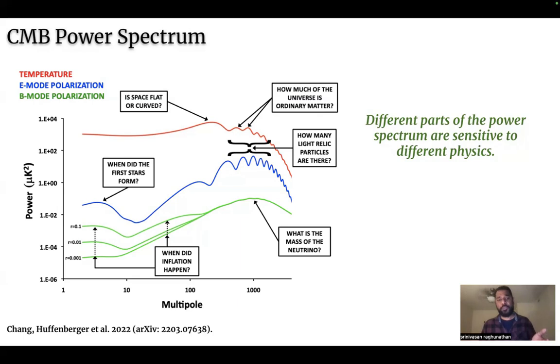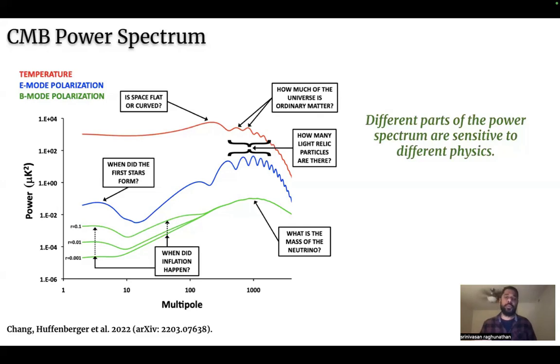Like I said before, the CMB is only partially polarized. That is the reason temperature is much brighter than polarization. The most important thing that I want to share about this plot is that different parts of this power spectrum are sensitive to different things about our universe.